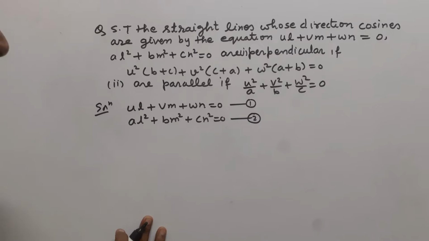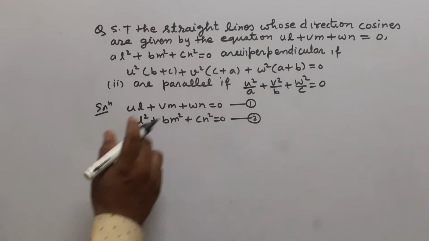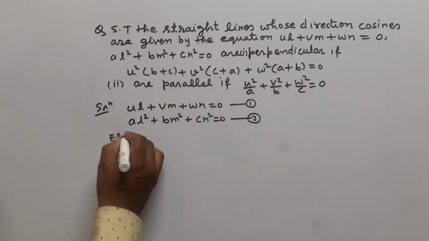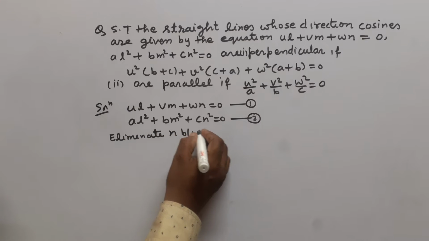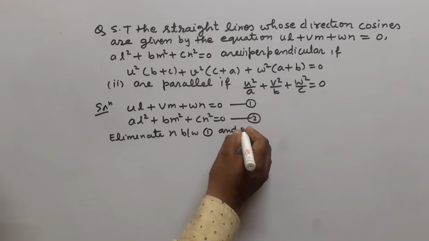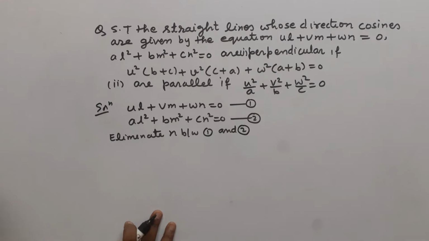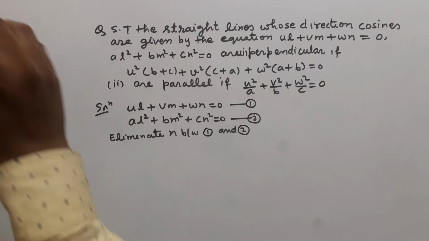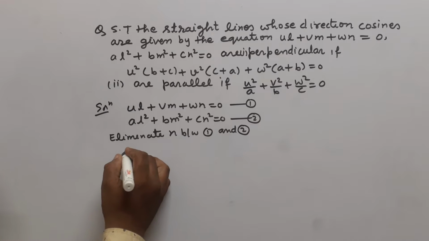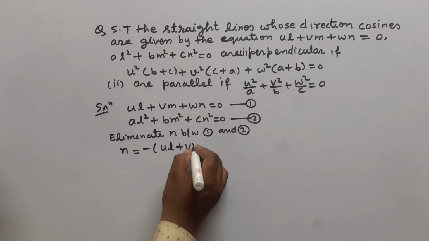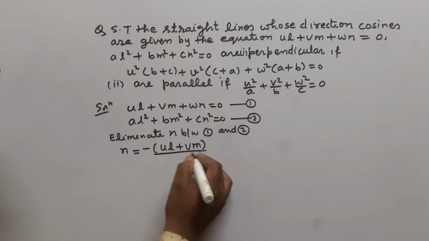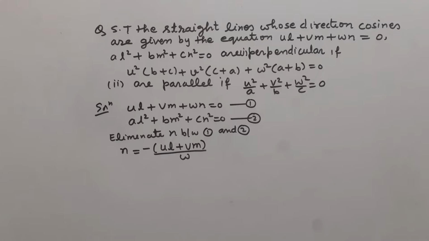Now we eliminate n between first and second. So from first we can write here n is equal to minus (ul + vm) divided by w.